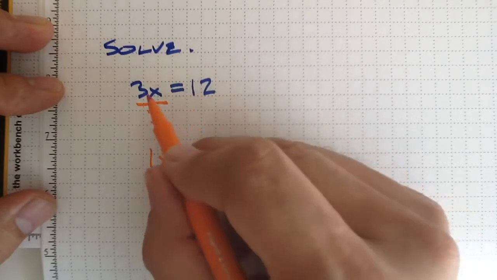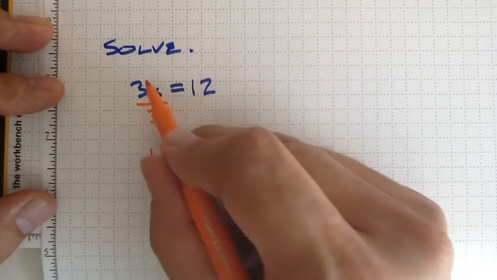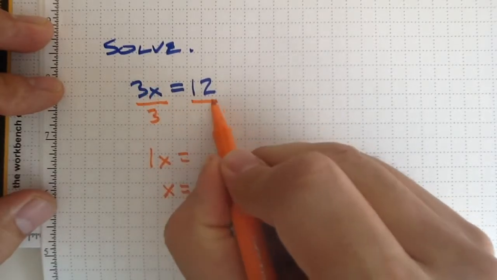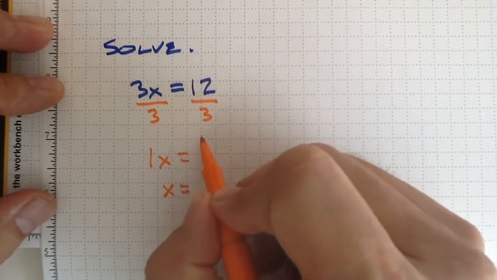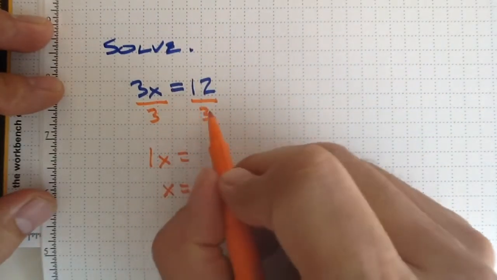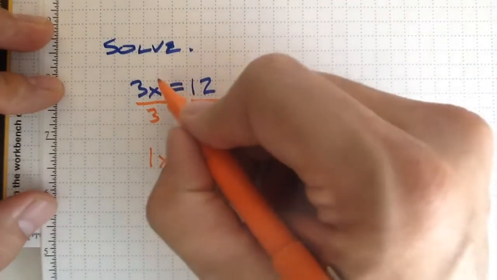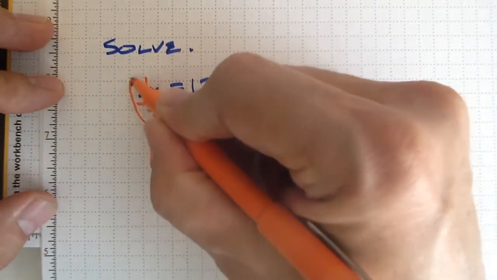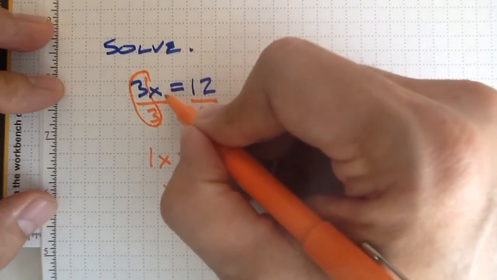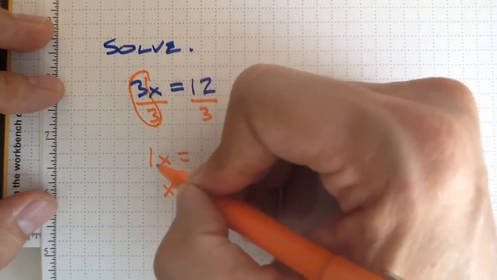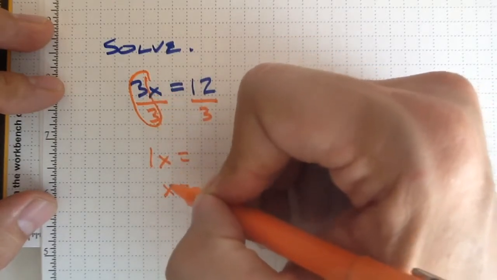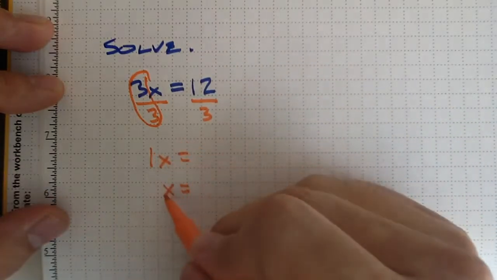And once again, I can keep the balance scale balanced because if I divide the left side by 3, as long as I divide the right side by 3, I keep the scale, or the equation, balanced. Now here, what goes on is 3 divided by 3, leaving the x untouched. 3 divided by 3 is 1, and 1 times x, 1 times anything is the number itself, and so the 1 essentially disappears.